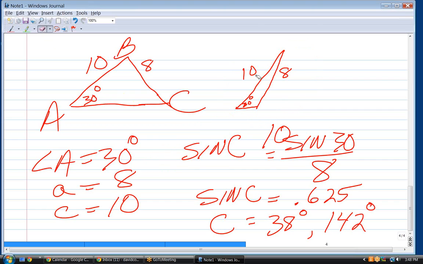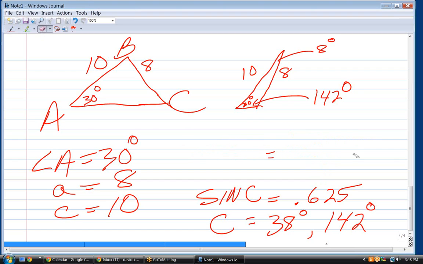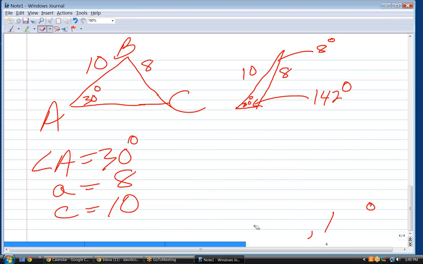Only in this triangle, this angle C is 142 degrees. This one's 30. That leaves that little angle to be 8 degrees. So here's my two different solutions. That's why it's called the ambiguous case of the law of sines.